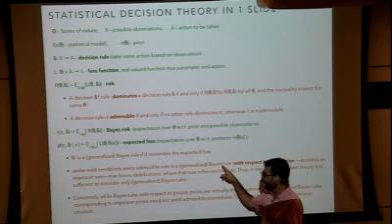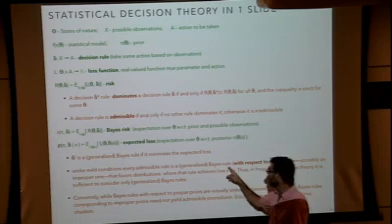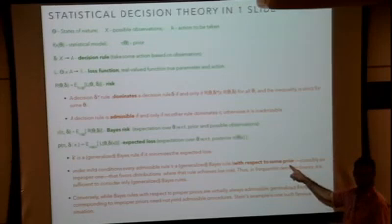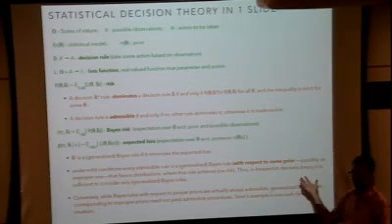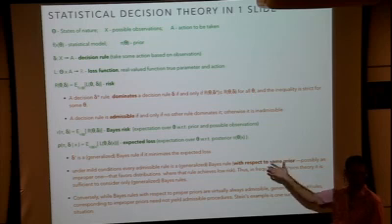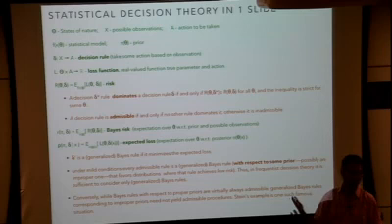Every admissible rule is a generalized Bayes rule, in bold here, with respect to some prior, okay? Not your prior, some prior, right? So it doesn't mean that if you're Bayesian, you're great with your own prior. It just means I can rewrite these things in a way that are Bayesian, but you have to back calculate what the prior is that makes that work. So it's not your prior, okay?